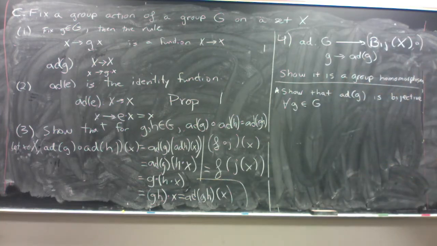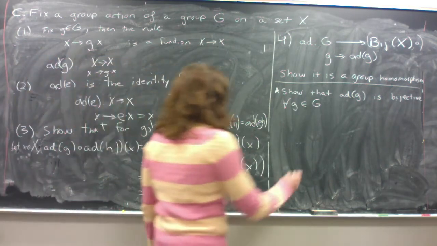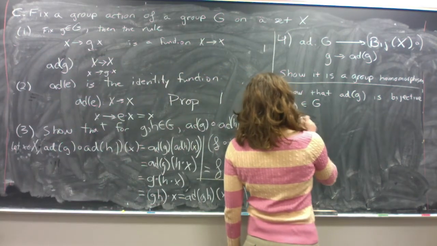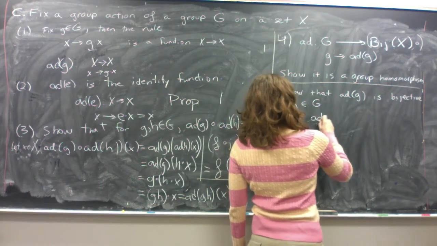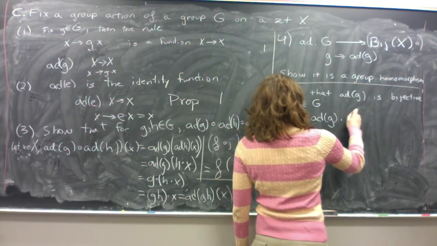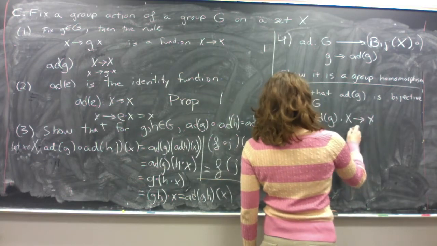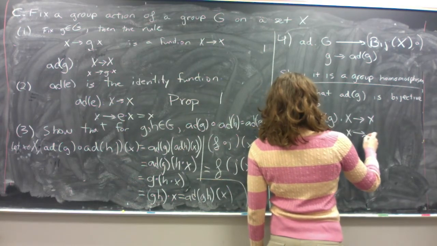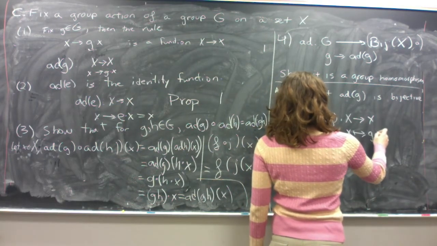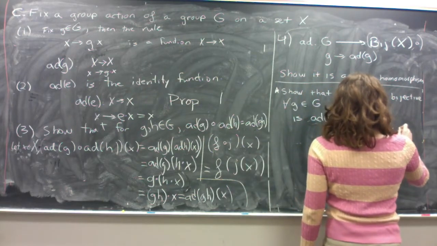So what is add g? It's a function, and I want to show that it's a bijective function. So is add g from X to X, defined by sending x to g dot x, bijective?